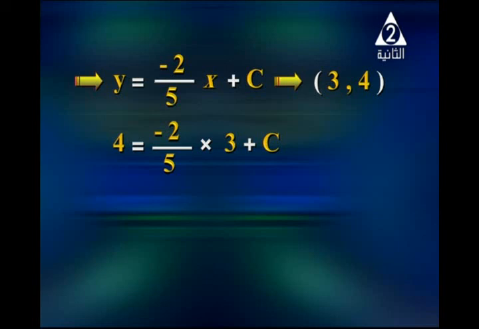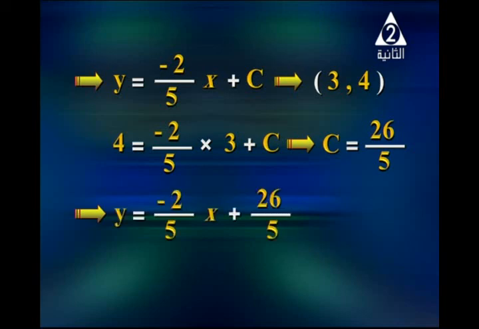And in this case, we can say that the value of c equals 26/5. So what about the equation of the straight line? It will be y = -2/5 x + 26/5.